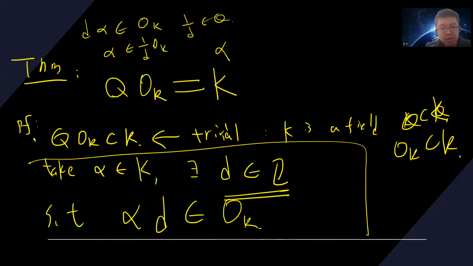This is the same as taking 1 over D to be rational, and D alpha belongs to OK. So 1 over D times D alpha will be in K anyway. So this is what we want to show.